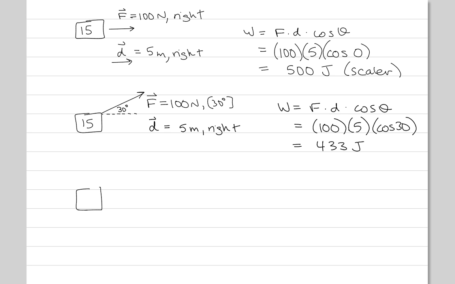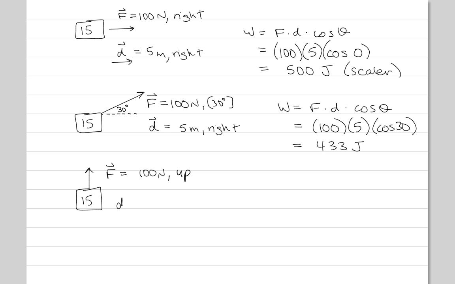All right. And one more. It's scenario C. It's the waiter. So there's an upward force, 100 newtons. That must be the weight of the tray and the food on top of it. 100 newtons up. That's the force.